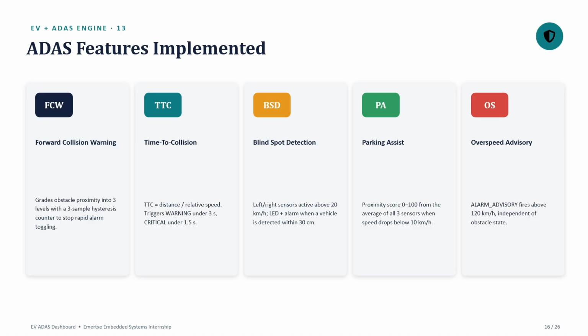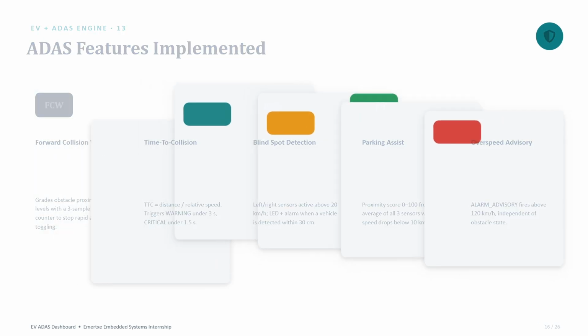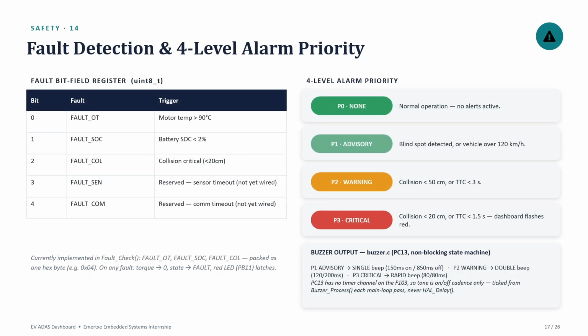Parking assist uses all these three sensors to help park the car without any trouble to the user, and only works if the car speed is below 10 km per hour. Overspeed advisory gives warnings when the car hits a speed above 120 km per hour. Next, after that, we have fault detections and alarms.